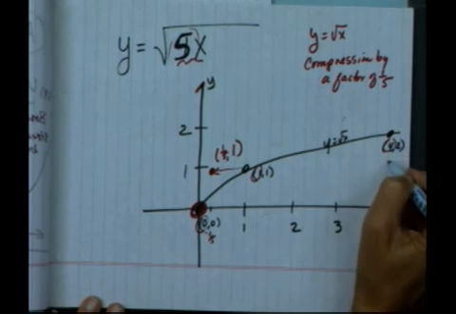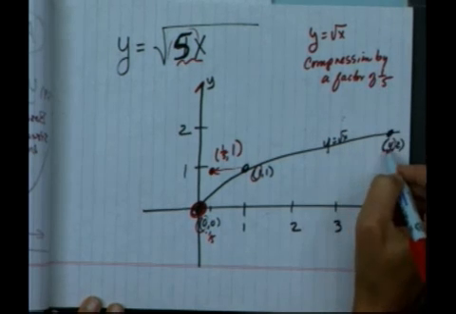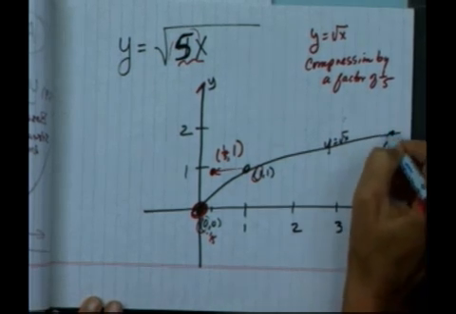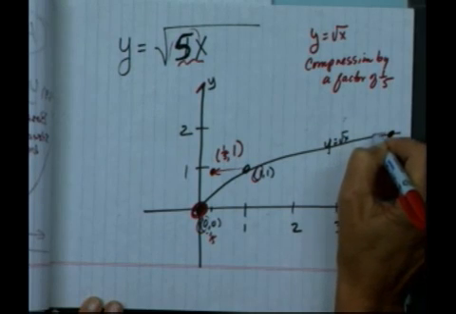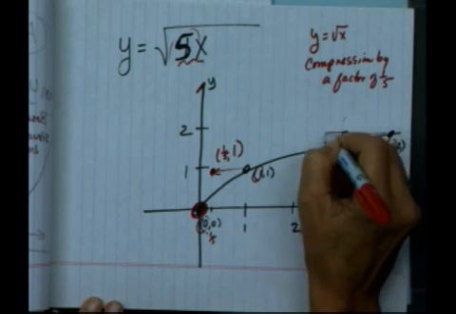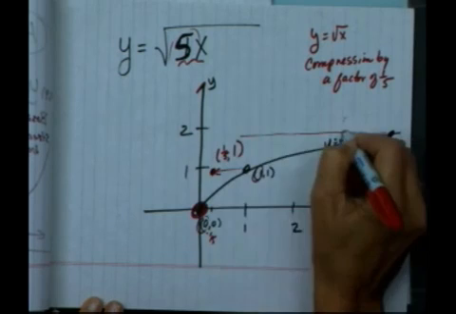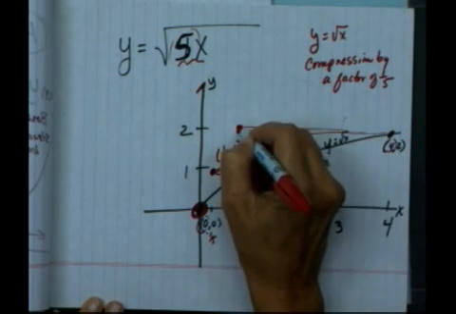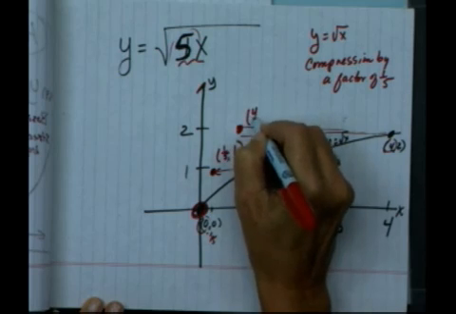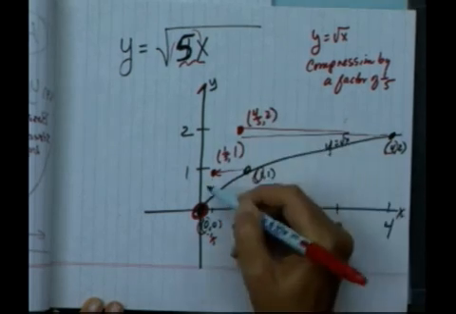Okay, this 4 we will also multiply by 1/5, which is 4/5. So that's going to really squish this in. 4/5 is way over here. Oops, that's lining up supposedly with the 2. So now we have the point 4/5, 2.